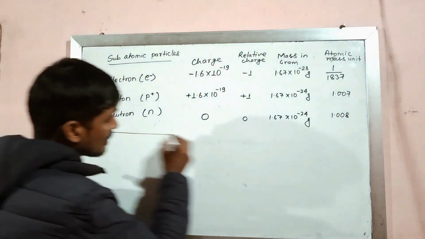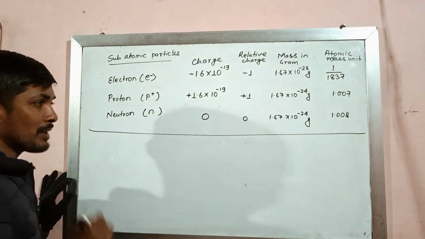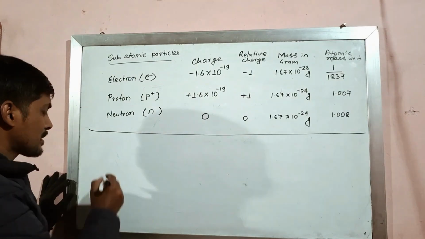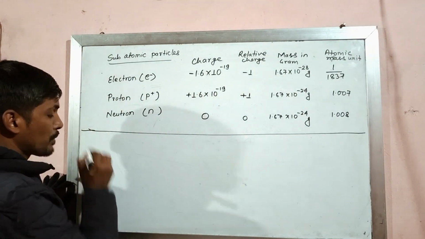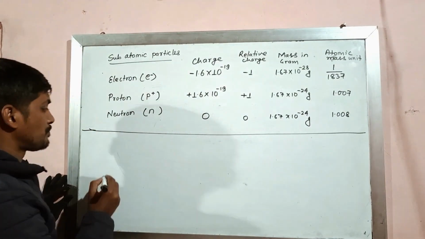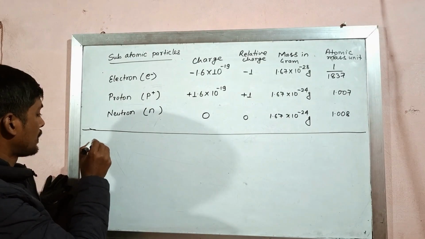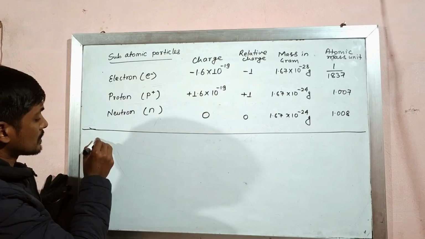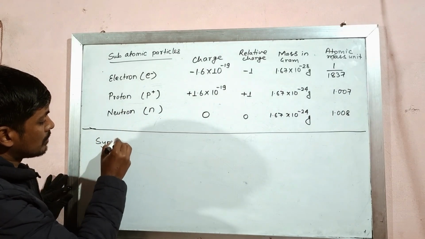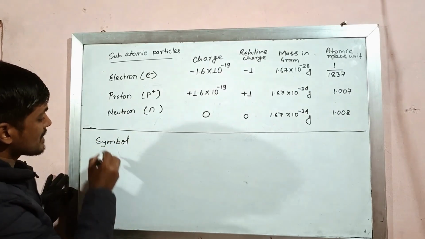Now, after this subatomic particle, let us talk about some properties of atom. The first one, the symbol. What is the symbol?